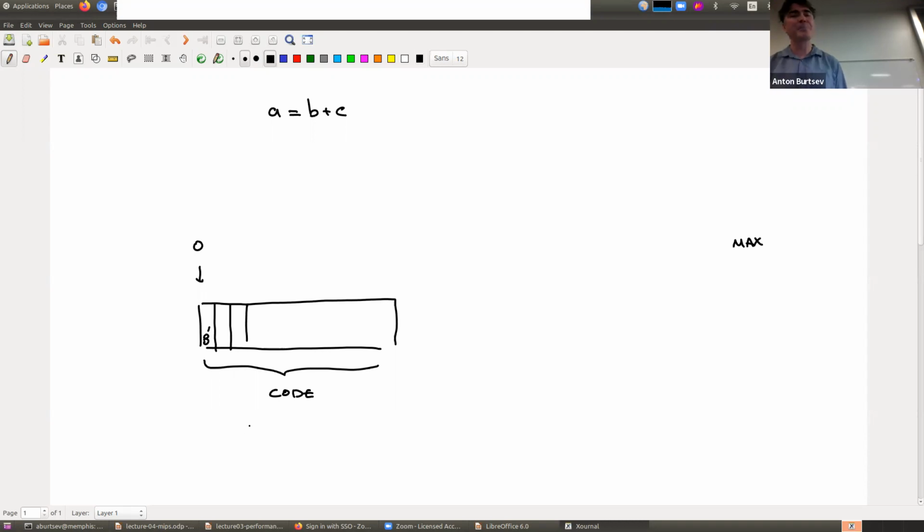The alternative name for this part of the program is text, roughly speaking, because you can read the program as text. However, what happens to a variable, for example int A? As you mentioned, the compiler keeps track of how many variables I have.